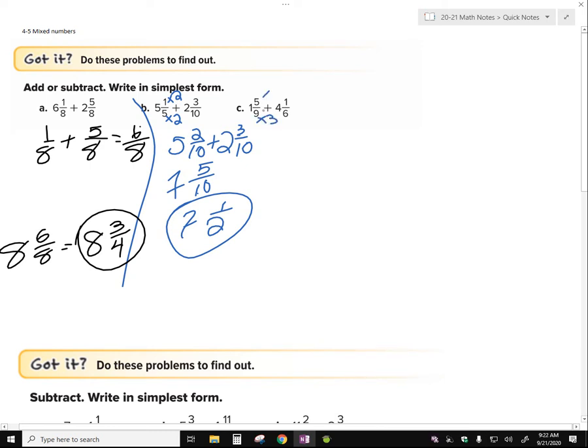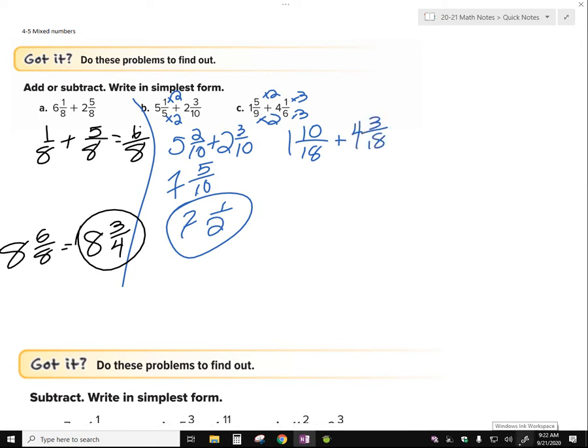So we're going to add the fractions first. 10 plus 3 is 13. 13 18ths. 4 plus 1 is 5. And 13 is a prime number, so I can't reduce it.